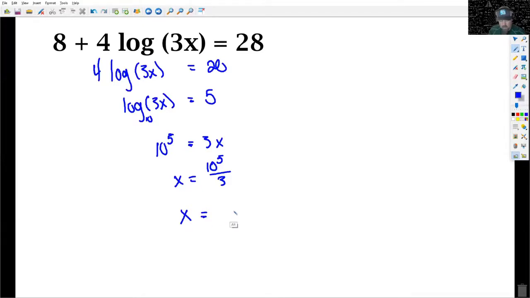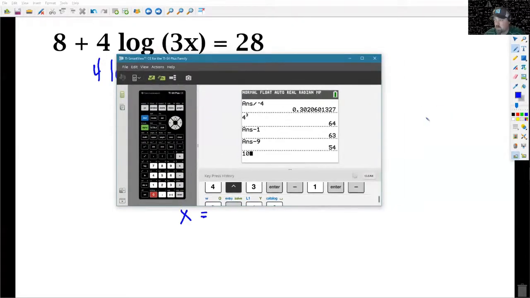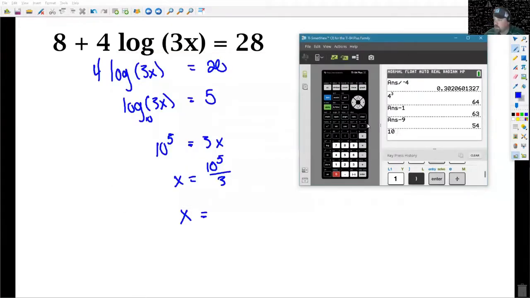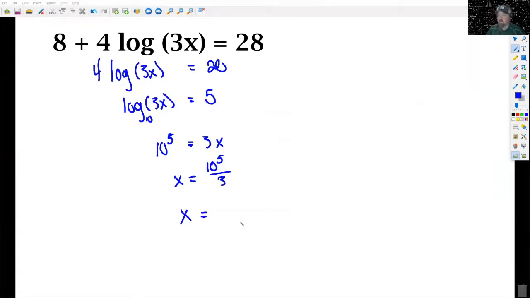So let's shift over to our calculator. It was, what was it, 10 to the 5th? I believe it was. That should work a little better. Pop it over here. So 10 to the 5th. And we're going to divide that by 3. And since we see 0.3 repeating, we know that's a third.